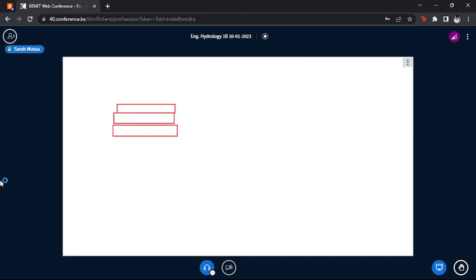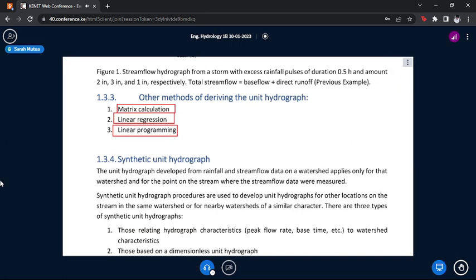So we have what we call synthetic hydrographs. And what are synthetic hydrographs? Normally, if you develop a unit hydrograph, let's say for a river, or even the Nairobi River, which is a tributary somewhere of a river somewhere.